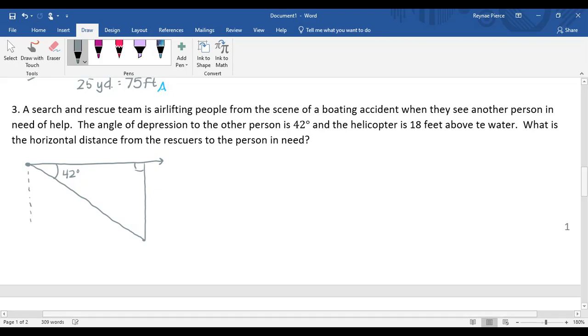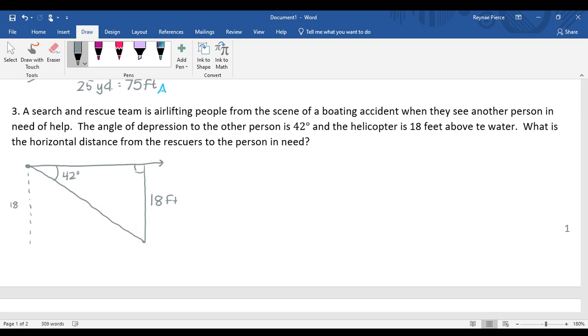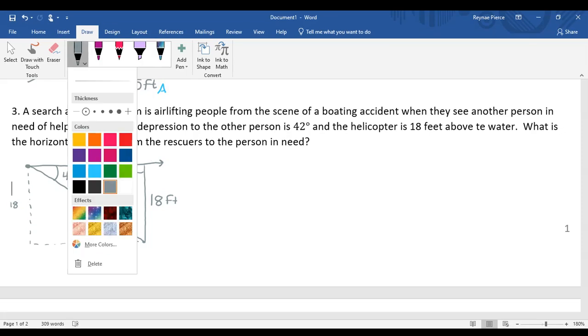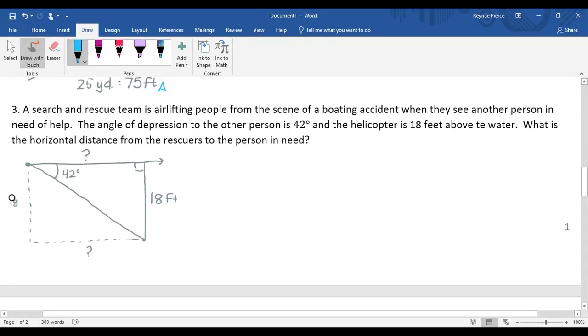So yes, this here is 18 feet, but if we're going to use our right triangle, this distance is also 18 feet. And we want to know the horizontal distance from the rescuers, so from the helicopter to the person in need.